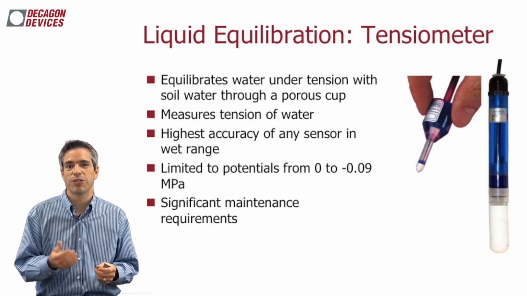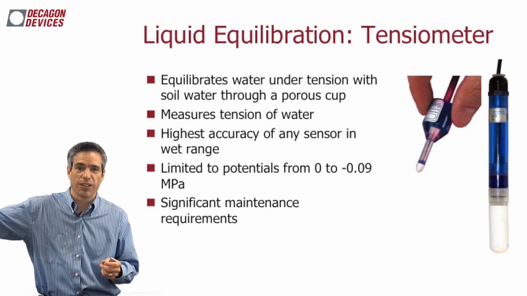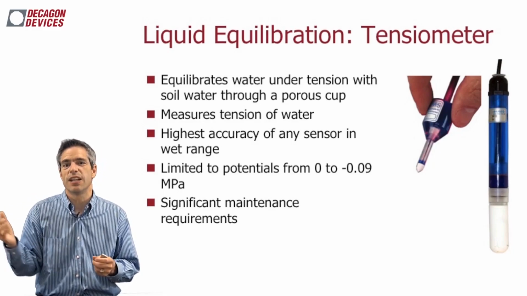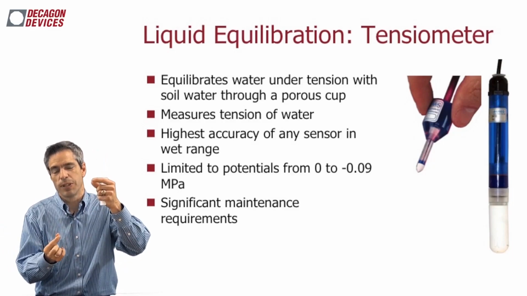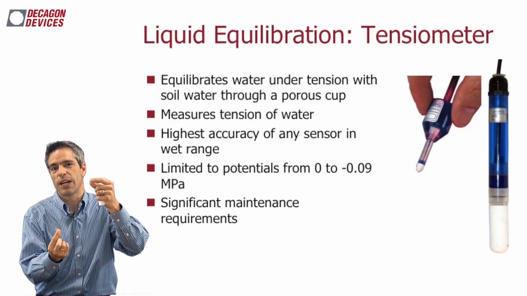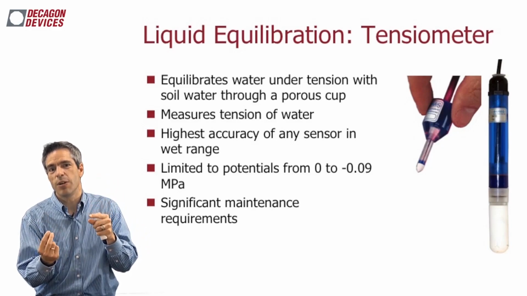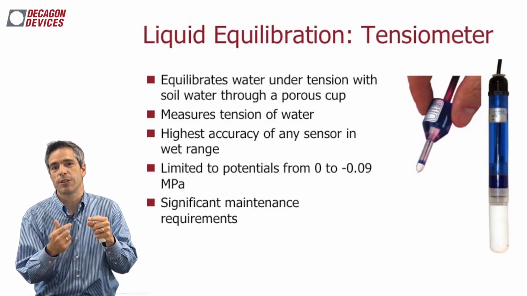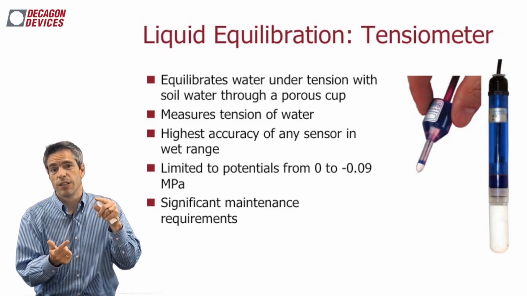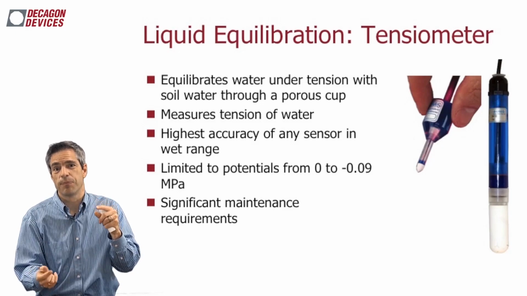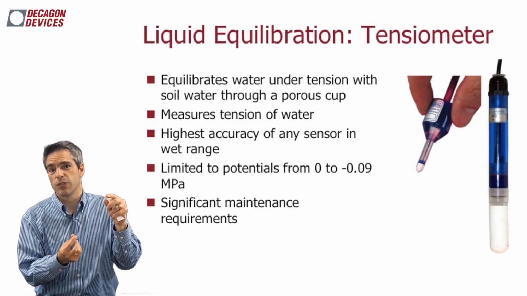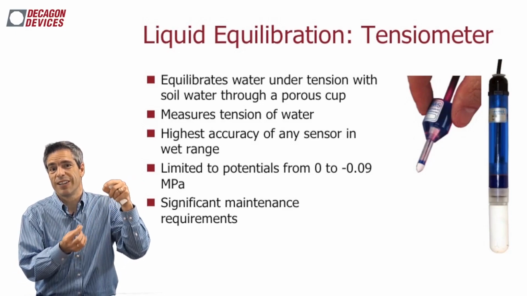Why is that? Well, just look at the slide up here. What we have is a tensiometer there. You can see a little column and a little white tip at the end of that column. That column is filled with water. That tip, the white tip, is actually a permeable ceramic that allows water to freely flow into the tube and out of it. That tube is capped at the end, so there's no opening to the air.